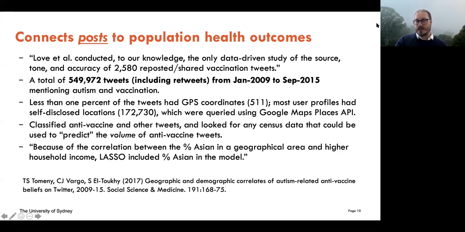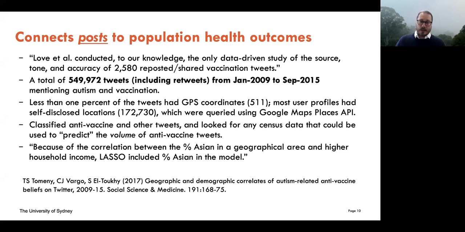What they tried to do was work out whether there was any variable in the census data that they had access to that could be used to predict the volume of anti-vaccine tweets. So they took all these tweets that relate to autism and vaccination, and worked out what proportion of those tweets were anti-vaccine, as in against or critical of vaccination.